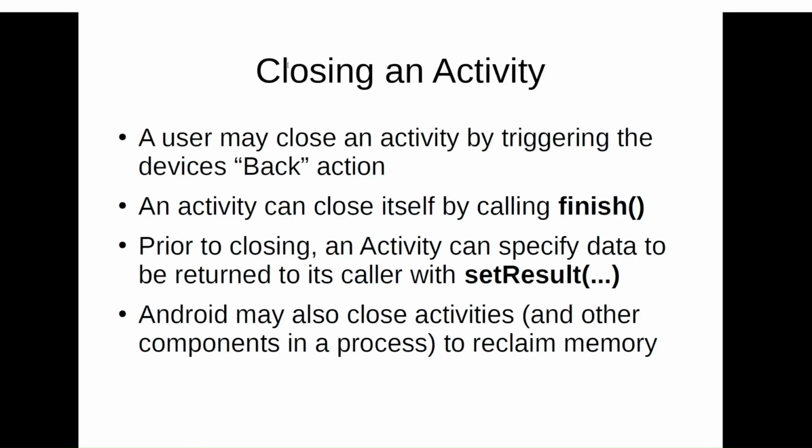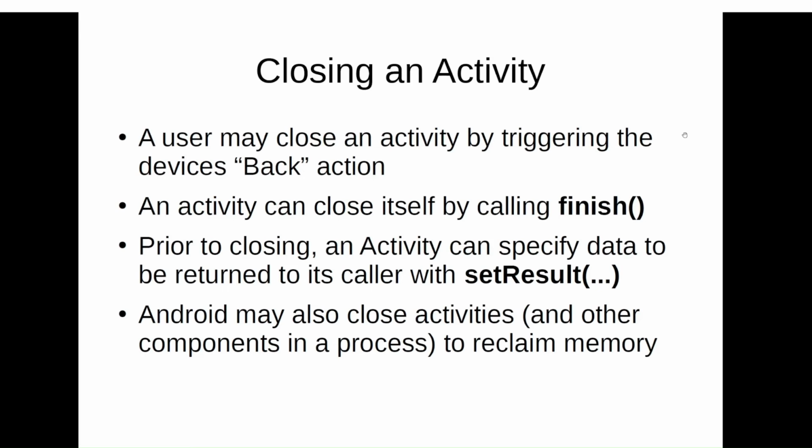Now, when an activity is closing, it has the ability to return information to the caller if the caller launched the callee, the second activity that performed some action, with the intention of having information returned.